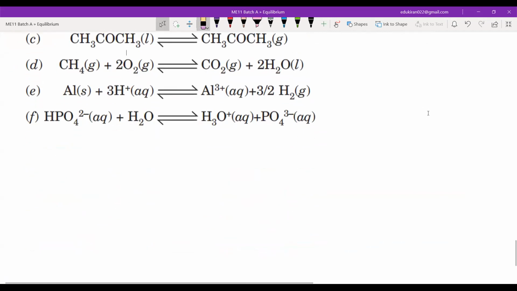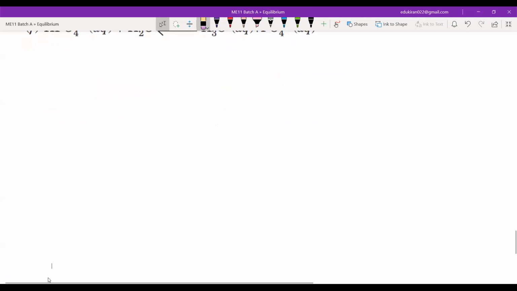Now let us write the applications of equilibrium constant. Write the application of equilibrium constant. But before that, write a remark, a topic known as reaction quotient. Yeah, sure, Salman.